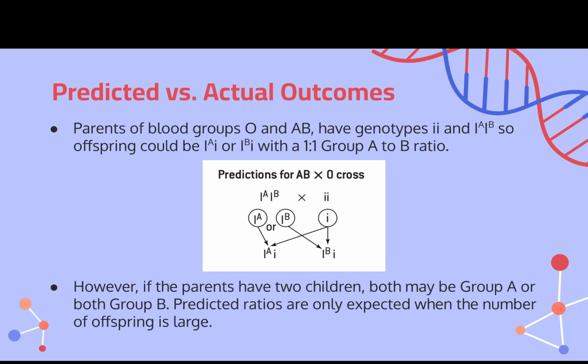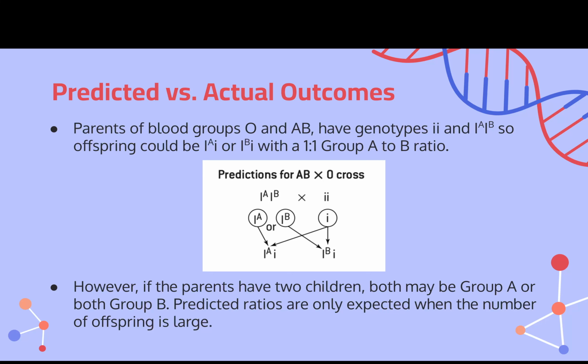Okay, predicted versus actual outcomes. This is also an important thing to talk about, because you can predict that 3 out of 4 offspring will have this. However, in actuality, in real life, the outcome will not be the same in that sense. So, for example, parents of blood groups O and AB have genotypes lowercase ii and IAIB. So the offspring could be IAi or IBi with a 1-to-1 group A to B ratio.